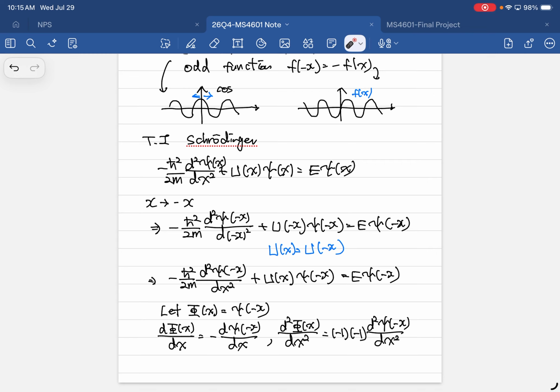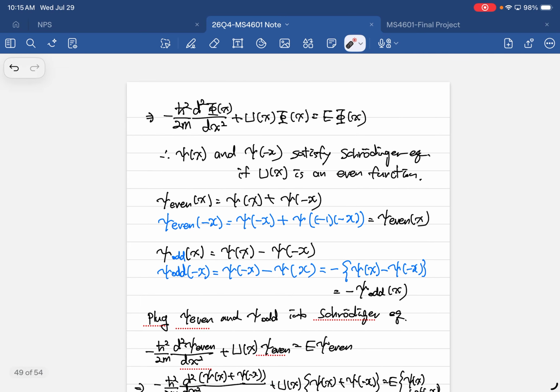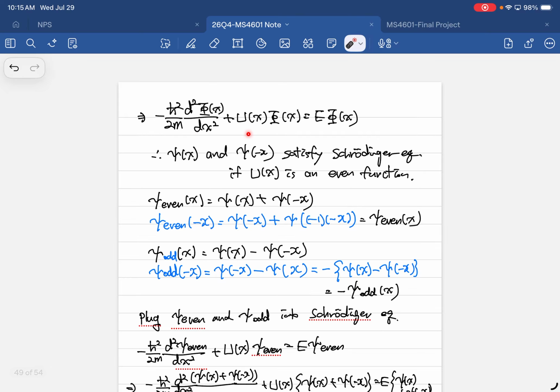And then if we take a derivative twice, we have this expression, and negative 1 comes out again, and then basically it's itself, right? Negative 1 squared is 1. So now this expression can be expressed in terms of big psi of x, and now we get this expression, right?